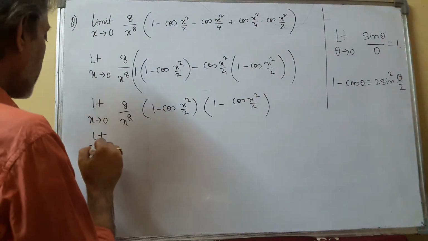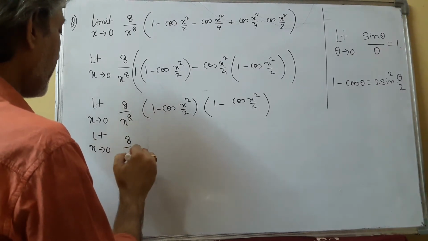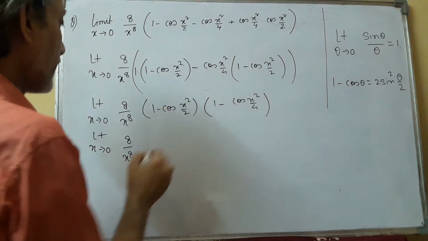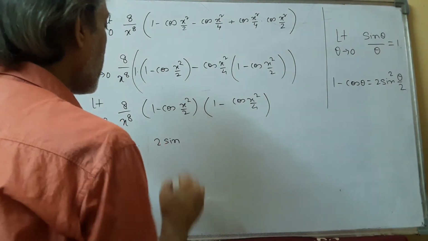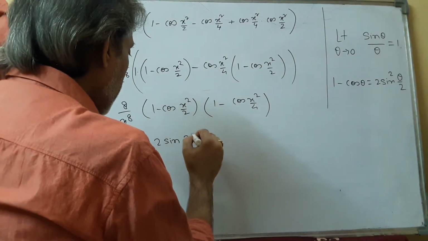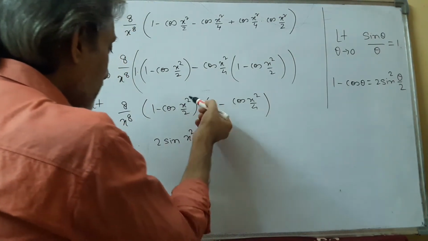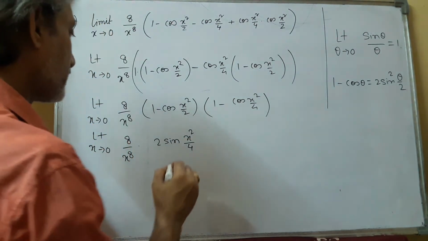So limit x approaching to 0, 8 upon x raised to the power 8 into this we can write as 2 sin square theta upon 2. It means this will become this.